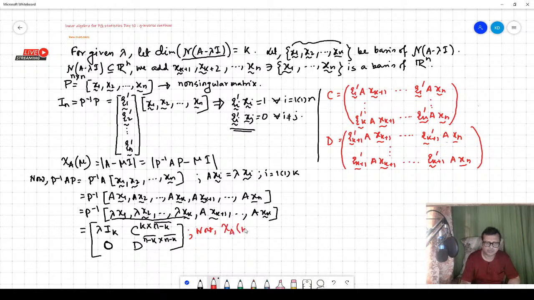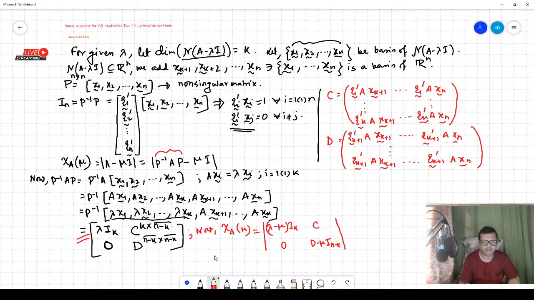Now chi_A(mu). So this is equal to, I replace this matrix by this matrix, then this is the determinant of lambda minus mu I_k, C, 0, D minus mu I_{n-k}.